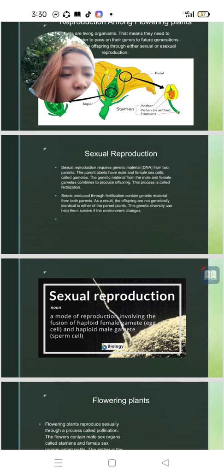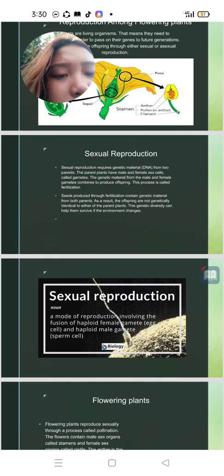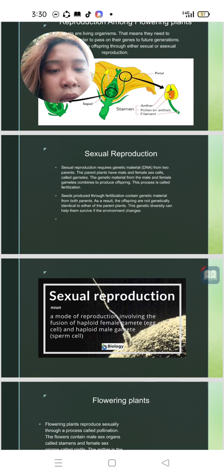So what is sexual reproduction? Sexual reproduction requires genetic material, DNA, from two parents. The parent plants have male and female sex cells called gametes. The genetic material from the male and female gametes combines to produce offspring.